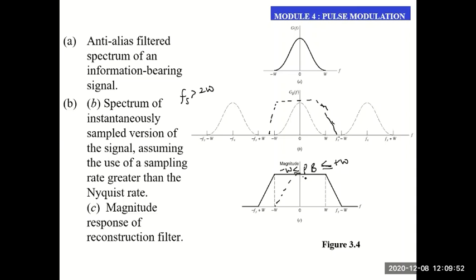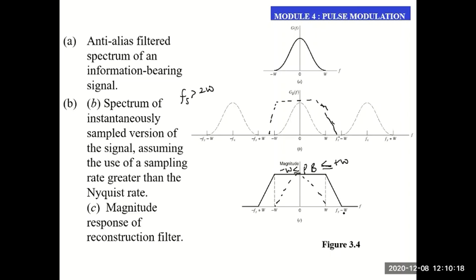So the complete signal in this range is passed properly, and it should start attenuating the signals, only those signals which lie after W. So the magnitude response of the reconstruction filter, it's a reconstruction low pass filter because it's extracting the low frequency message signal, should be something like this.